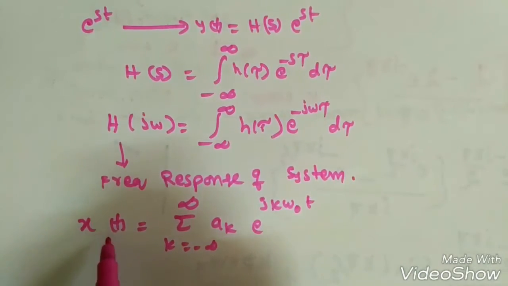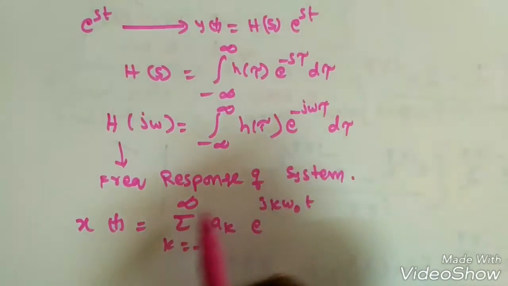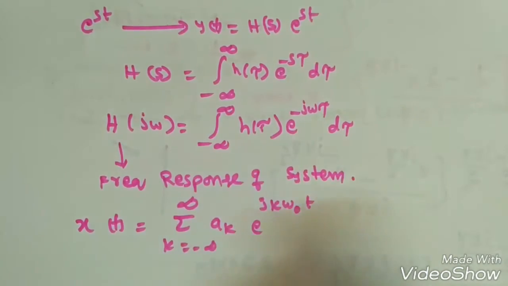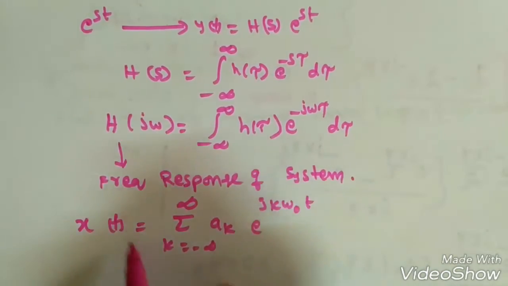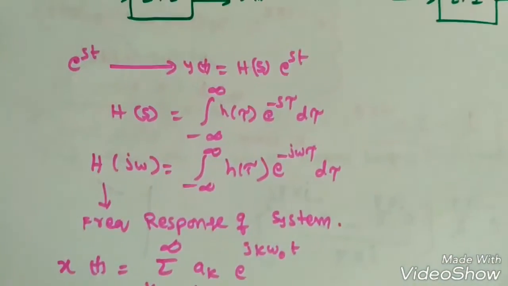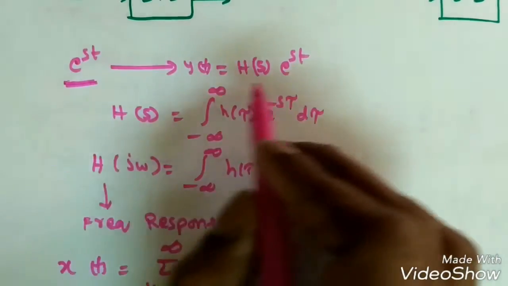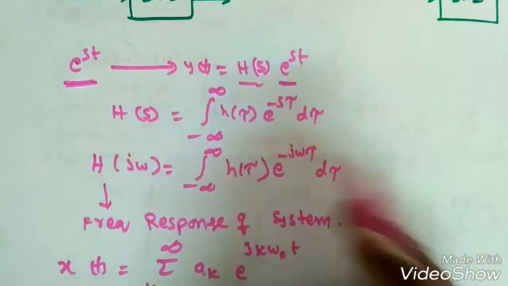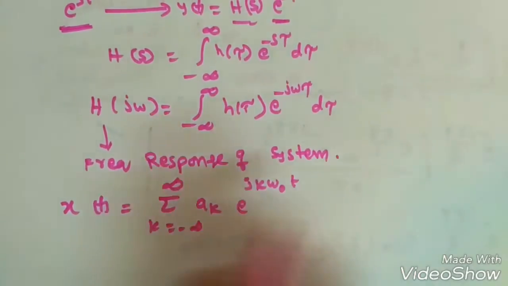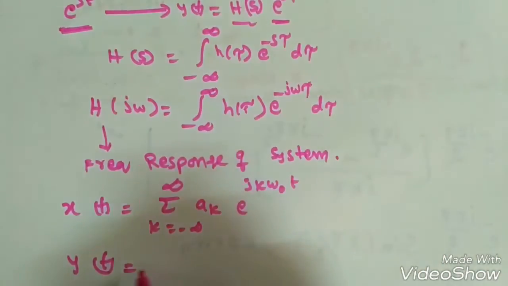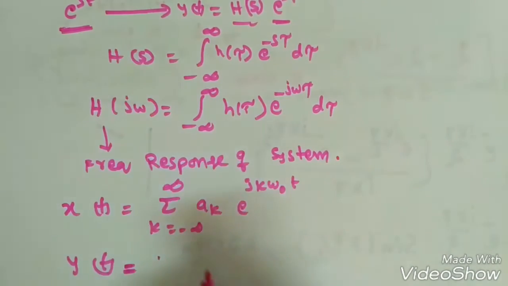Now when I represent this x of t as harmonically related complex exponentials, y of t can also be represented the same way, because from this property, if I apply exponential signals, we will get the same exponential with some constant h of s. So y of t can be represented by h of s, or h of e power j omega, or h of j omega, right?